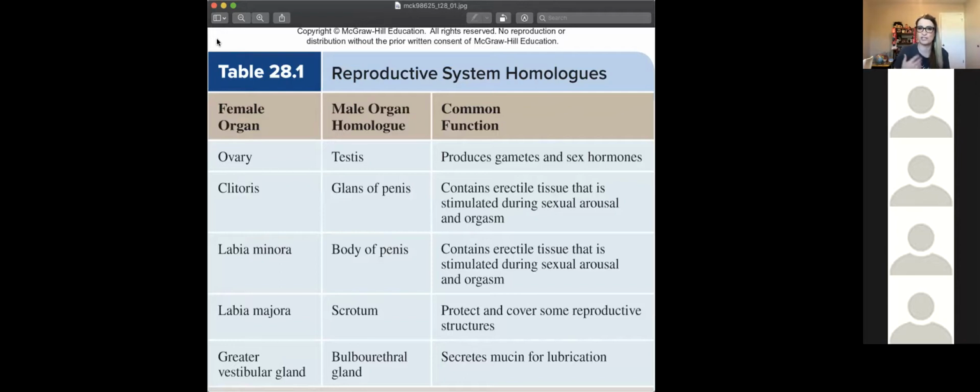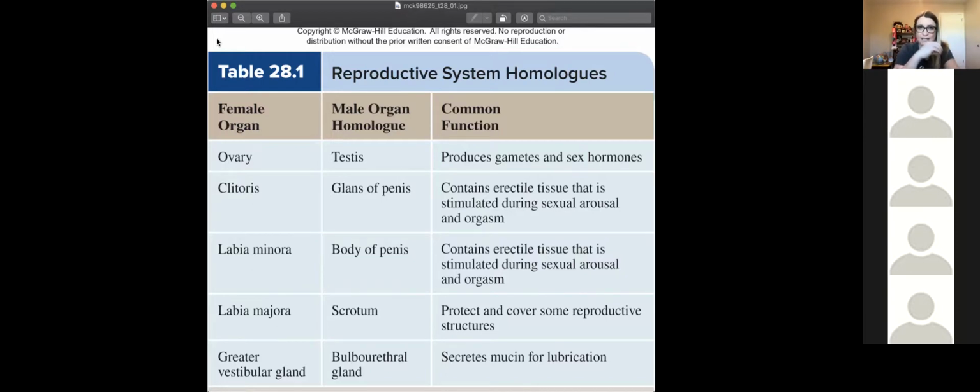It's just determined by whether there is a Y chromosome or X chromosome as far as what these cells become. But the origins are the same during embryonic development. So ovaries and testes produce gametes and sex hormones. So their function is the same.